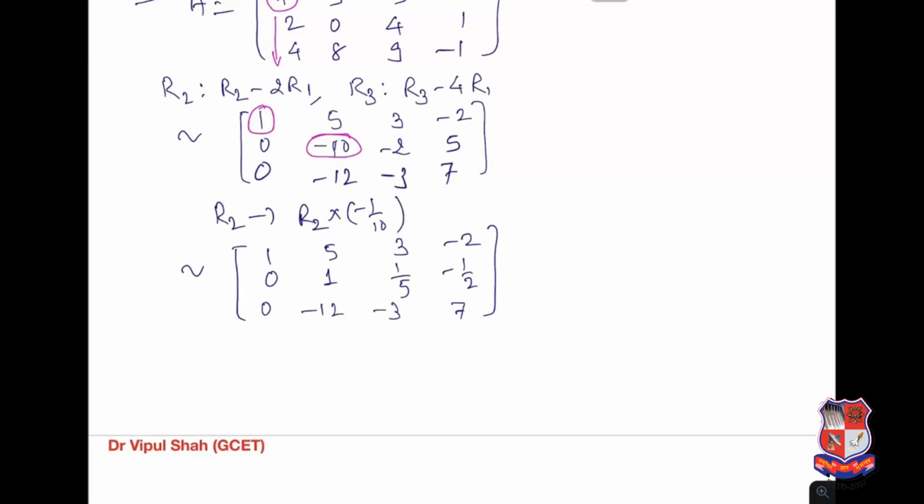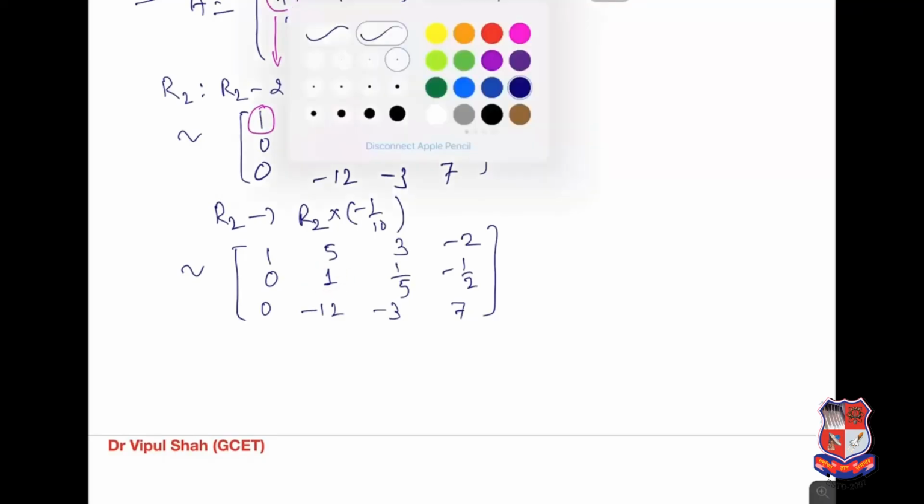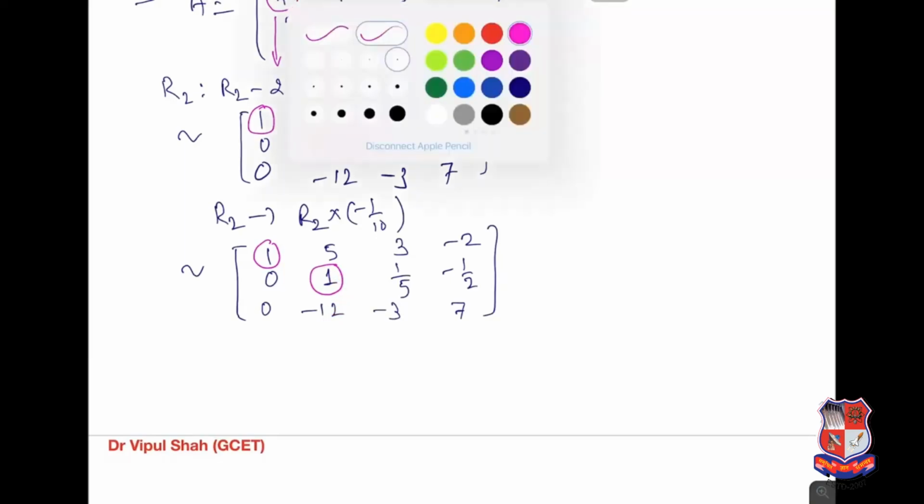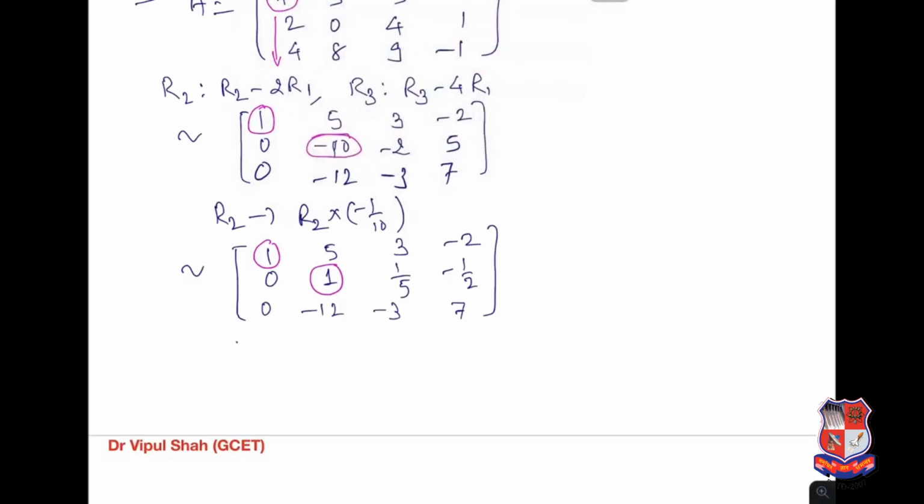Now this one is 1. So by using that 1, make this entry 0. That is the last work: R3 plus 12 times R2.